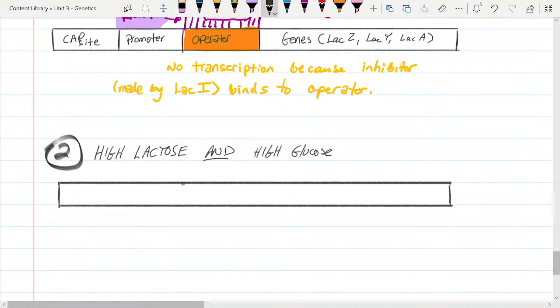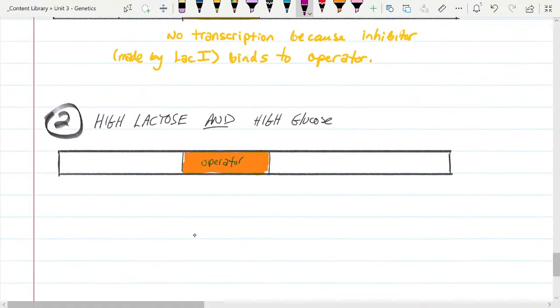And in that case, the operator is going to sit empty. The inhibitor won't bind because the inhibitor will be bound up with lactose. This is my attempt at drawing a lactose.